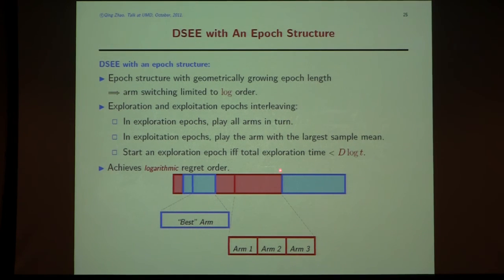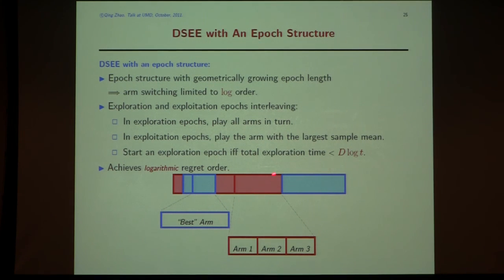Every time we choose, we actually choose an epoch of consecutive slots, consecutive time instances. And the rest, the exploitation, also has an epoch structure. In the example shown here, the blue ones are the exploitation epochs. During this time, I'm staying on the best arm with the largest sample mean, always there.